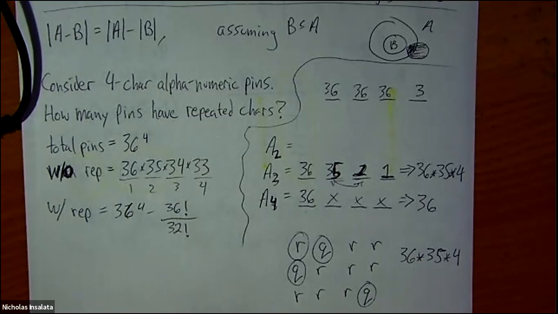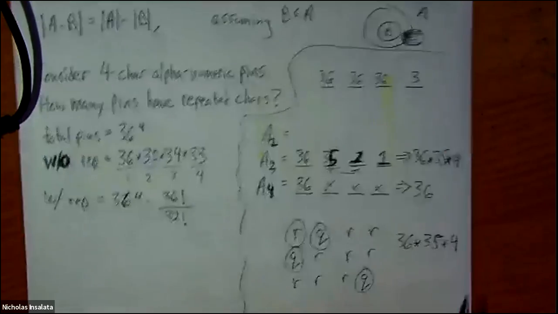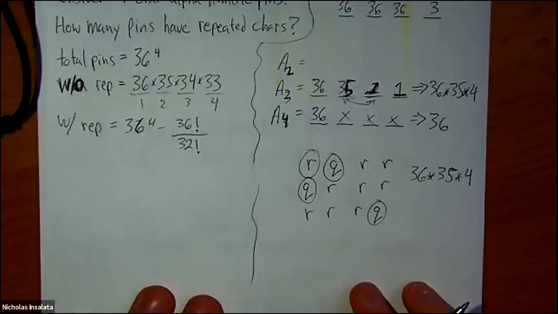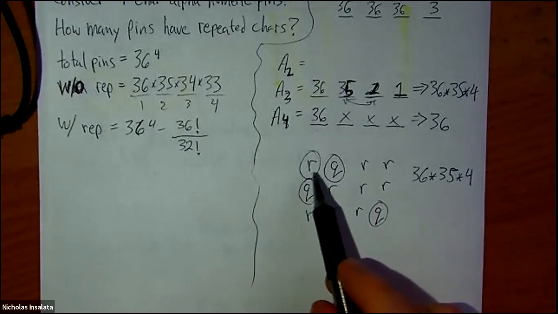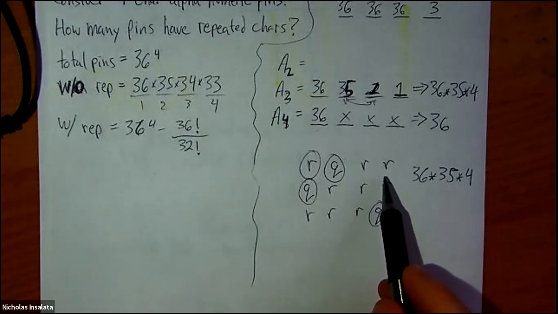I think that might make it a little more complicated than it needs to be. So let's think about it in terms of what we did here. We figured out how many different characters we needed, and then we thought about the positions.